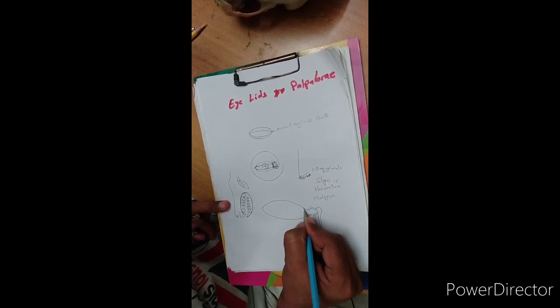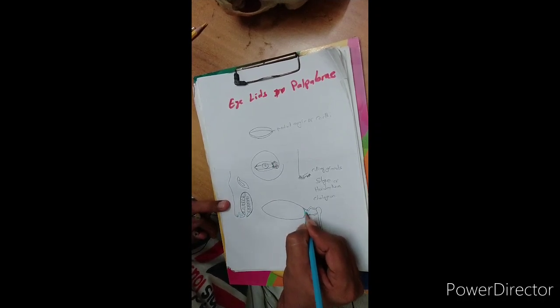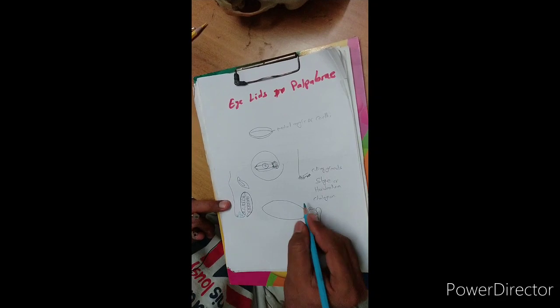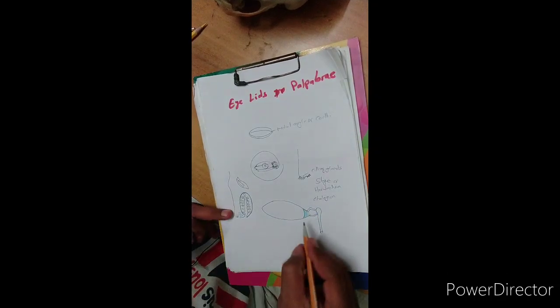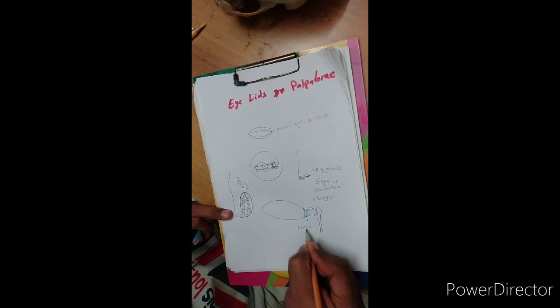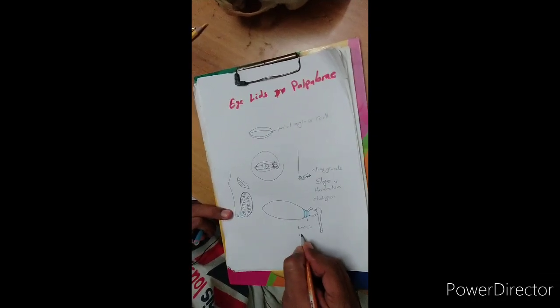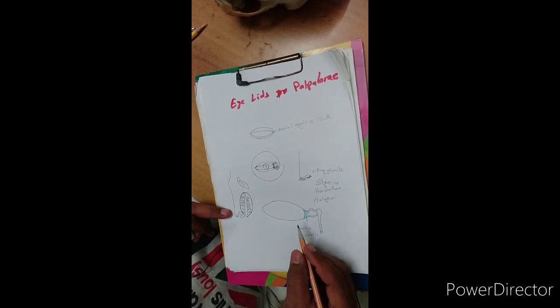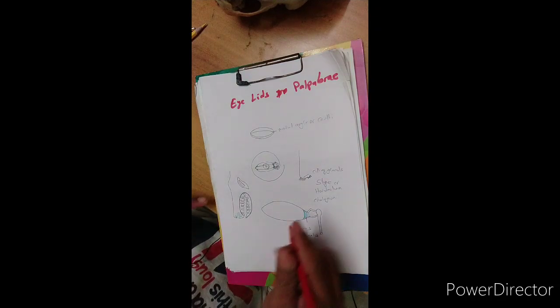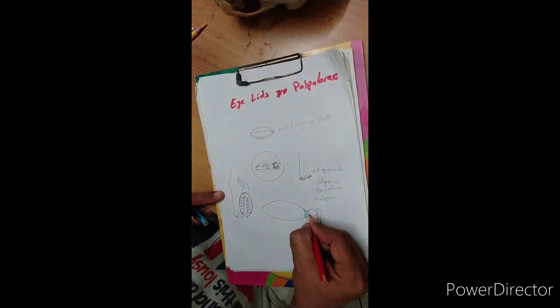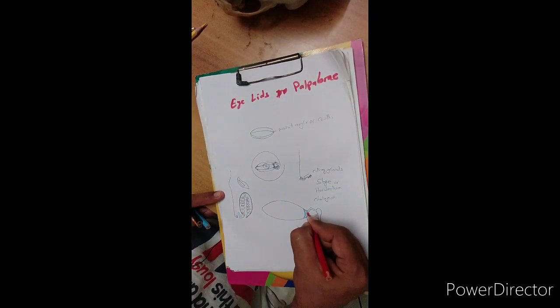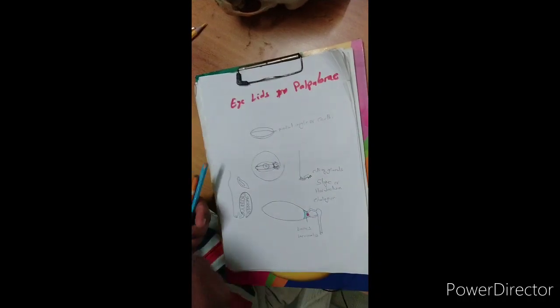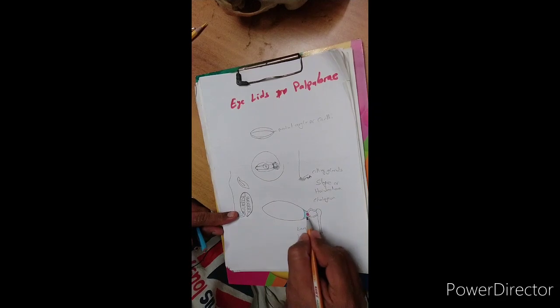Okay, at the medial side of the eye, the medial angle of the eye, this triangular area is known as the lacus lacrimalis. And in the lacus lacrimalis there is a reddish conical body on the medial side, which is known as the lacrimal caruncle.